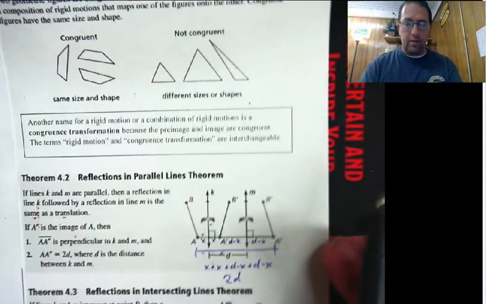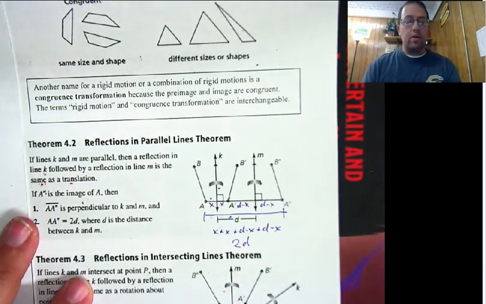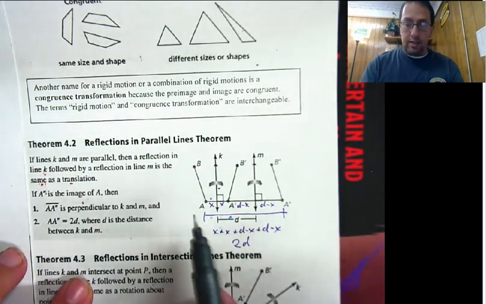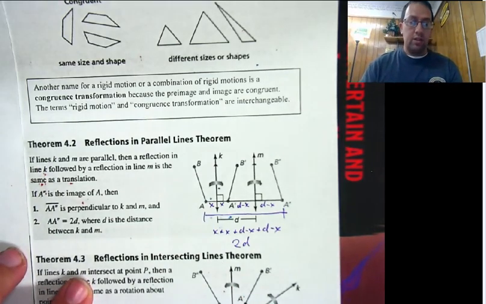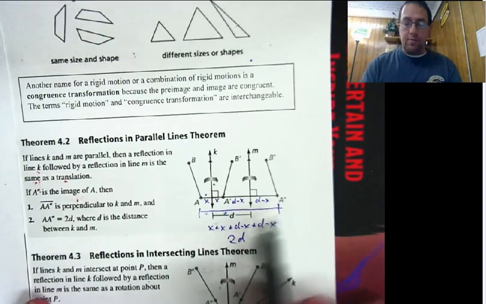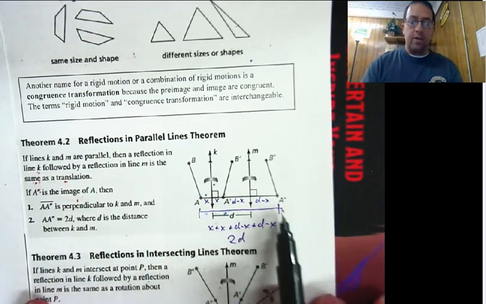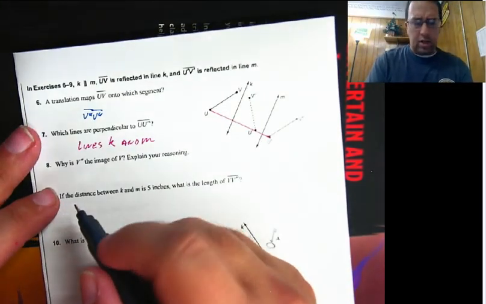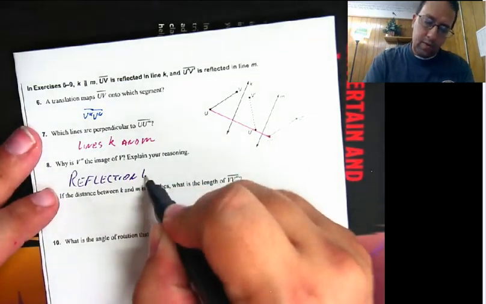Because we have this lovely theorem down here, reflections in parallel lines theorem, that says this is just a translation of that, which means A prime prime is the image of A because it's the translation of A. So we are going to say that this is good by the reflection in parallel lines theorem.